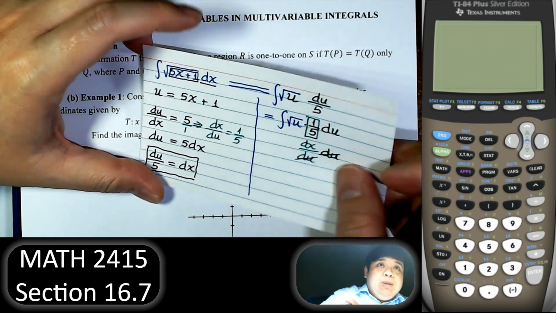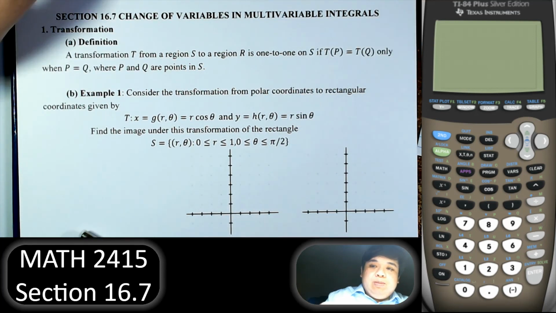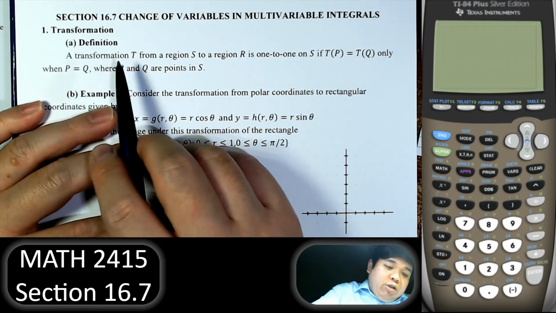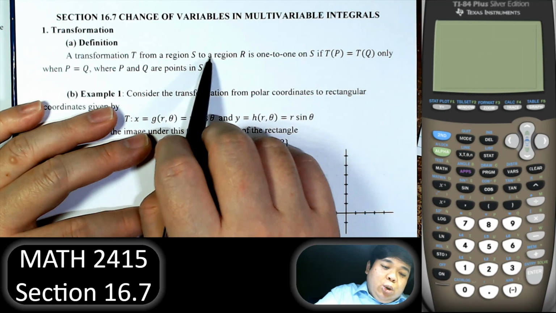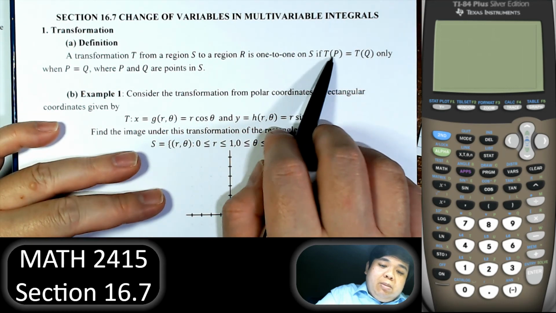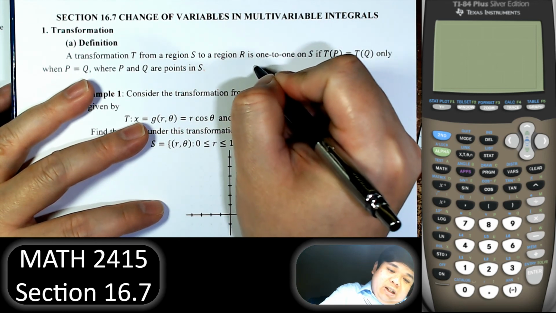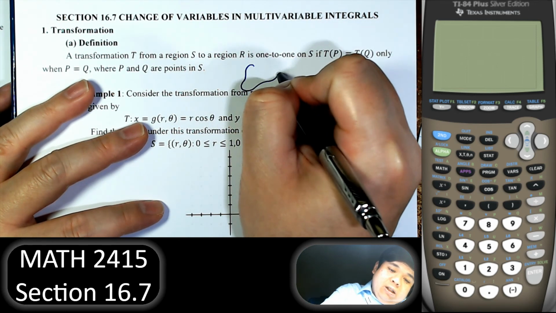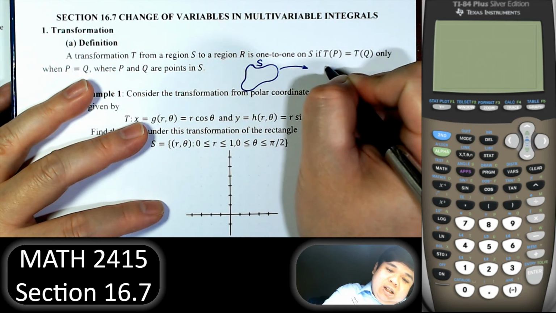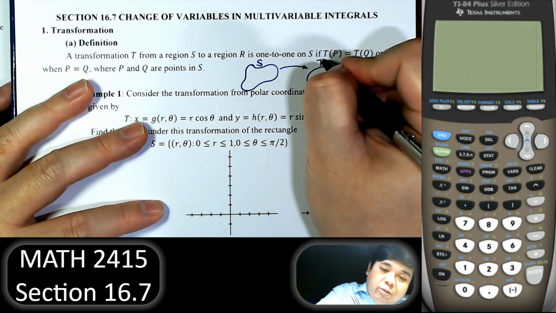Right. So we'll do a similar thing to this, but for multiple integrals. But before that, let's define a transformation. A transformation T from a region S to a region R is 1-to-1 on S if T of P equals T of Q only if P equals Q. So we have, let's say, this is the region S, and we transform into R, sorry.